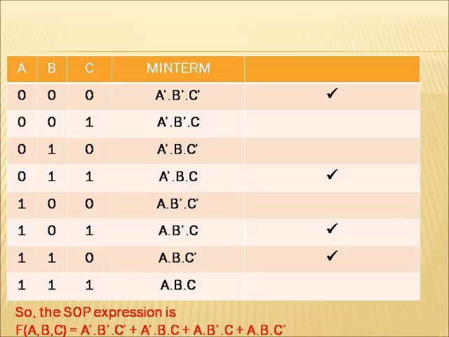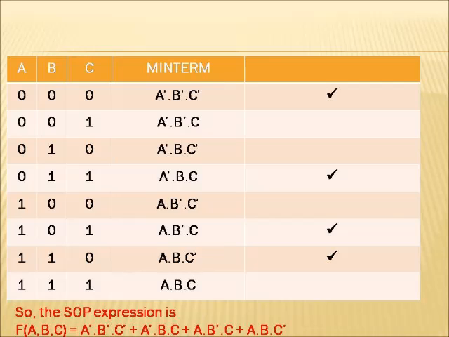Then I have again put a tick mark against a is equal to 0, b is equal to 1 and c is equal to 1. Next you can see that I have also put a tick mark against a is equal to 1, b is equal to 0 and c is equal to 1. Another tick mark is against a is equal to 1, b is equal to 1 and c is equal to 0. So joining all these we can form the SOP expression.